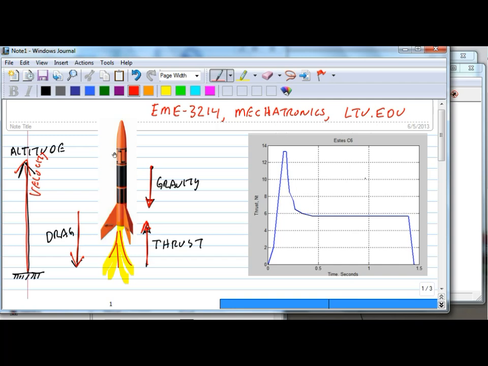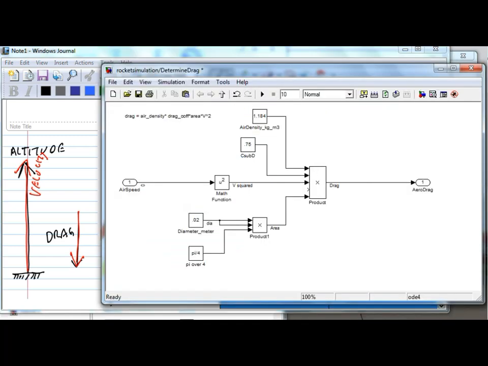The problem is when we square the velocity in our equation here, you always get a positive number. It doesn't matter if it's going up or going down, I always get a positive number for the drag coming out here, right?